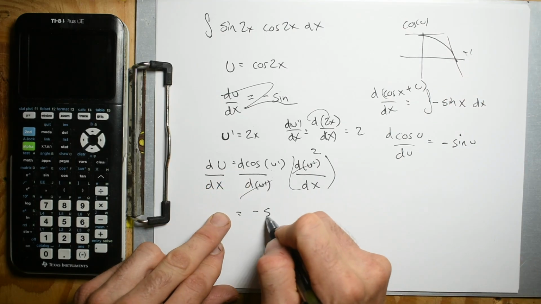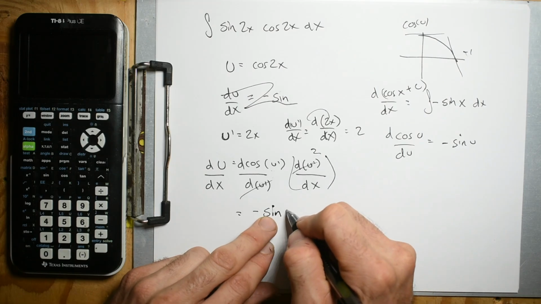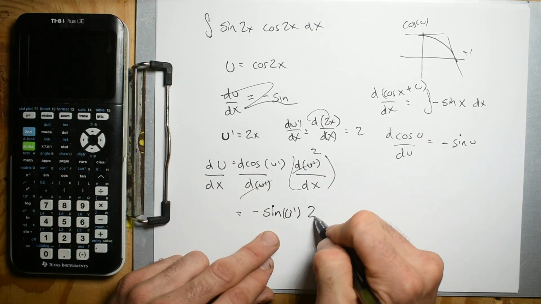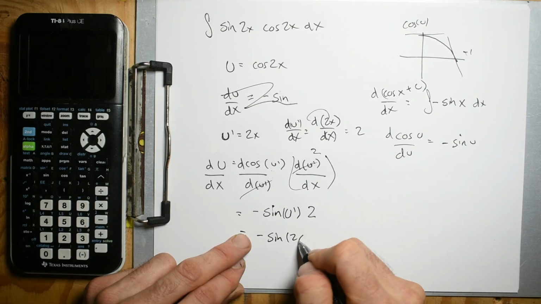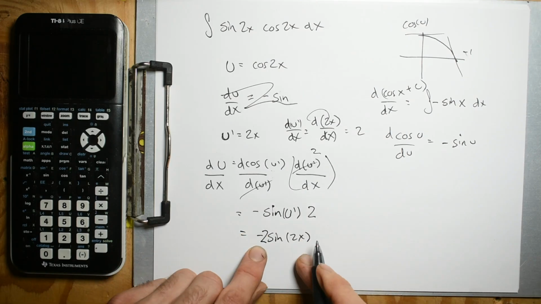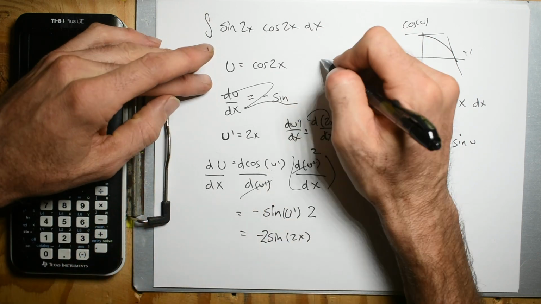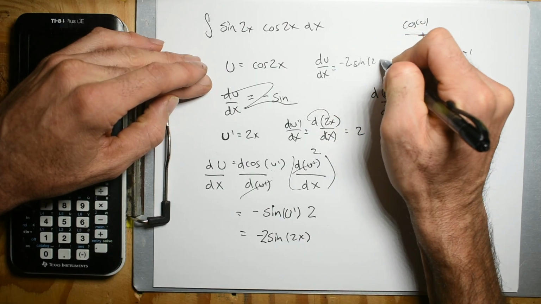So we have negative sine of u prime. Let's just keep that, and then times 2. U prime is 2x, so we have negative sine 2x, and I'm going to put the 2 out front. So that is du dx. So du dx is negative 2 sine 2x.